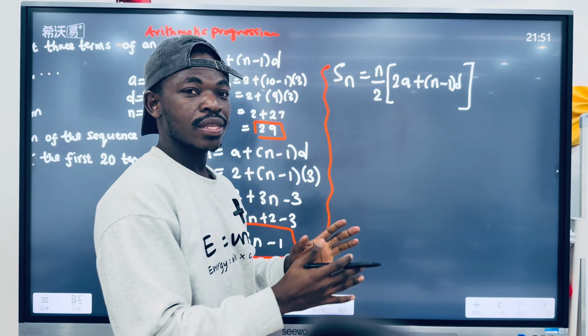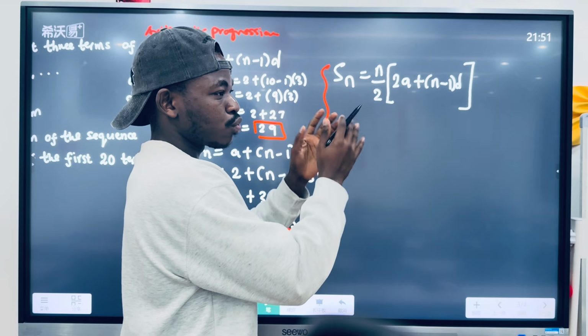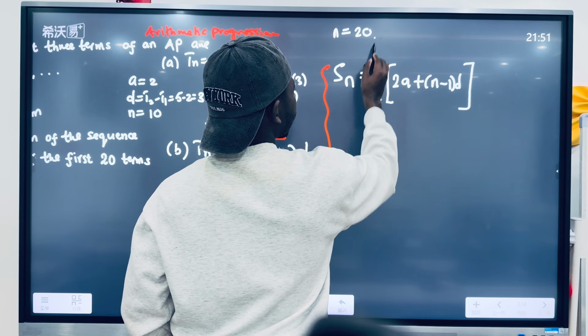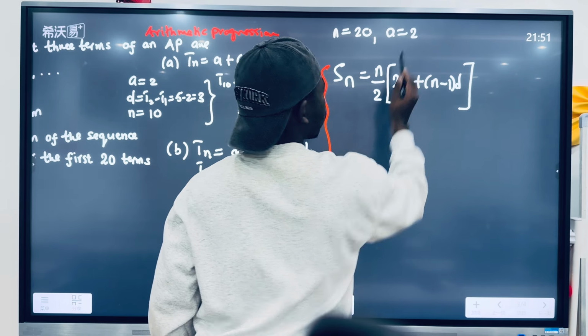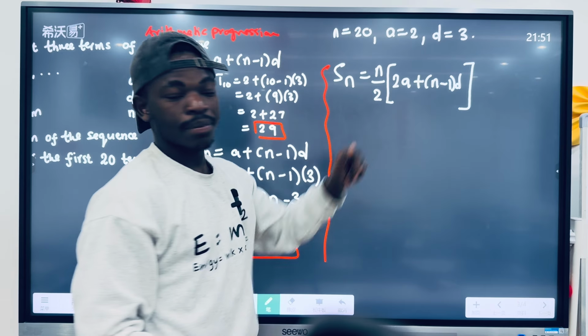In this case, we want to find the sum of the first 20 terms. Because we're finding the sum of the first 20 terms, it means our n is equal to 20. We already know what our a is, 2. We know what d is, 3. Then we substitute them there.